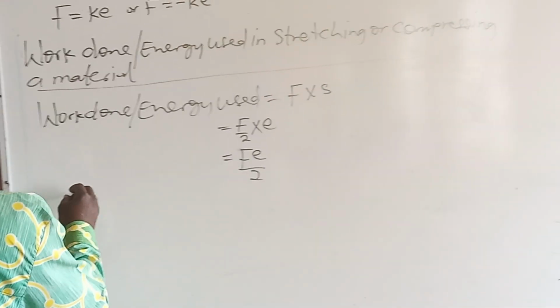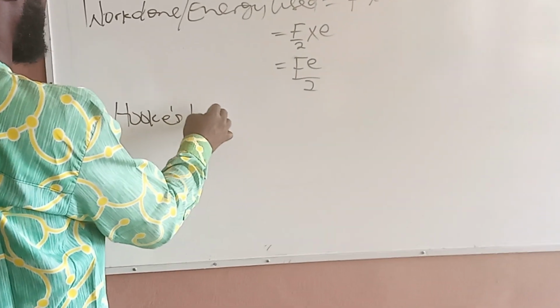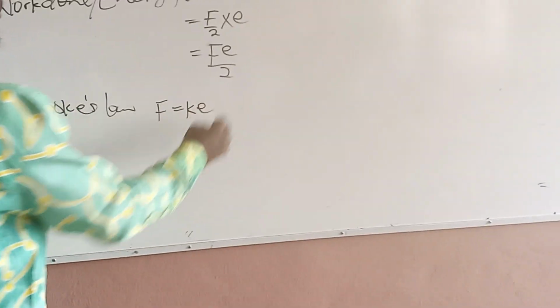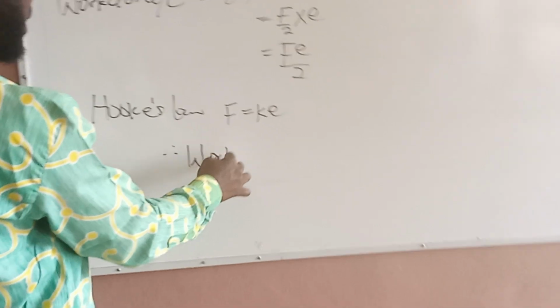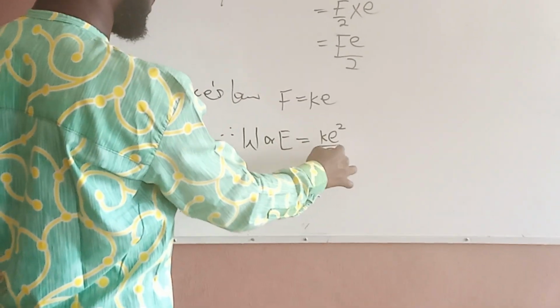Of course, from Hooke's law, we know that F is equal to ke, and substituting for F equal to ke in this relation, we now have work or energy equal to ke squared over 2.